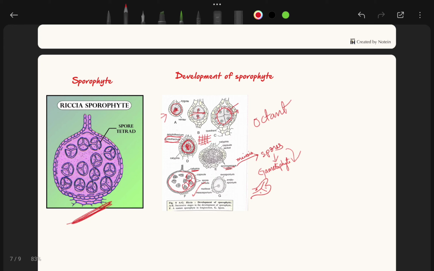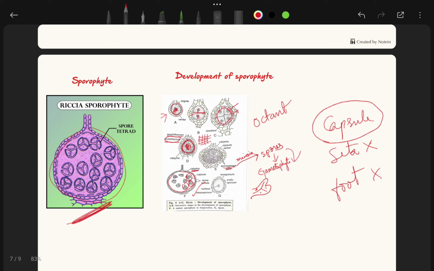In most of the sporophytes of bryophytes, you will find three regions known as the capsule, seta, and foot. But in case of Riccia, the sporophyte is represented only by the capsule. Seta and foot are completely absent. So this is the structure of the sporophyte.